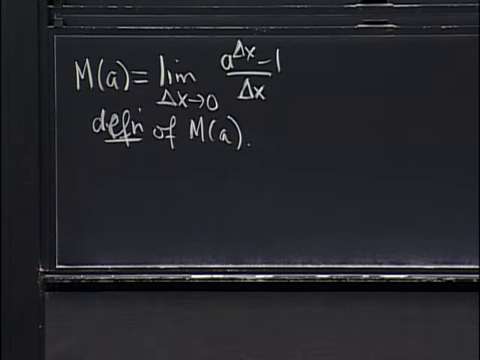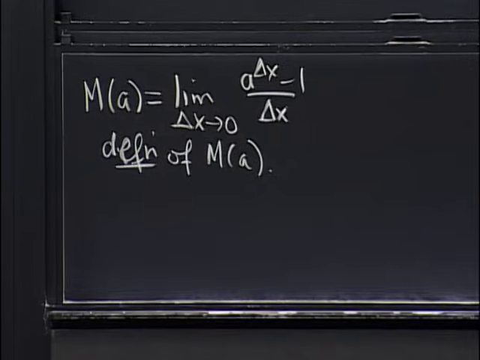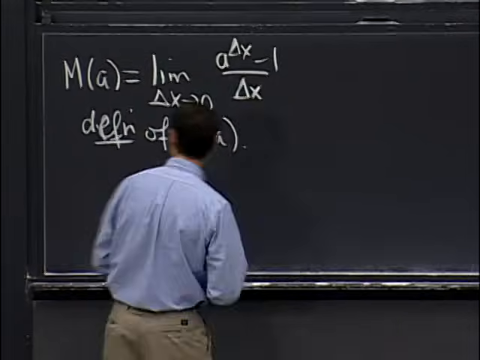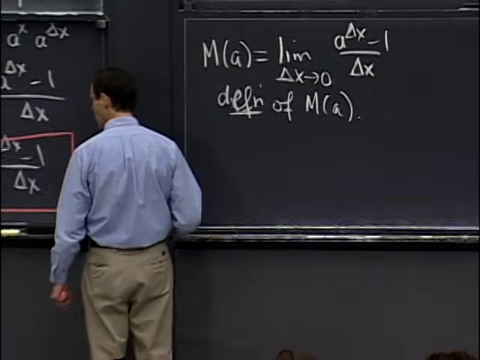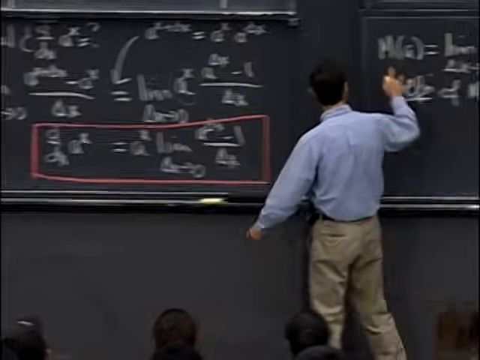This mystery number, m of a, has a geometric interpretation as well. Let me describe that. It has a geometric interpretation, and it's a very, very significant number. So let's work out what it is. First of all, let's rewrite the expression in the box using this shorthand.